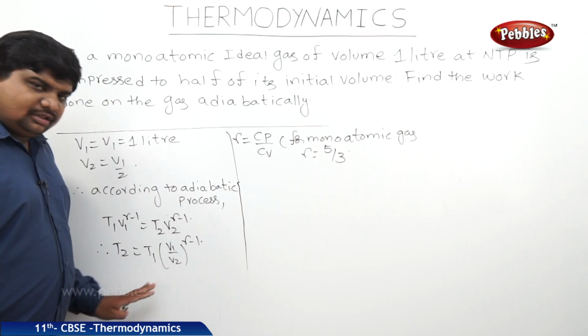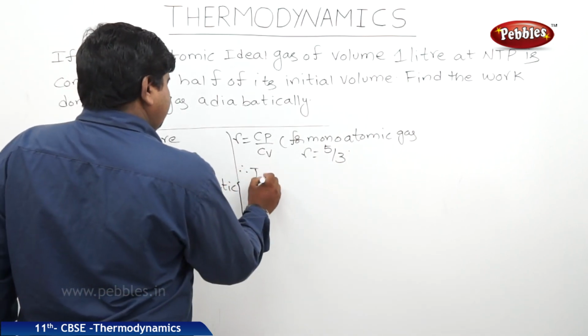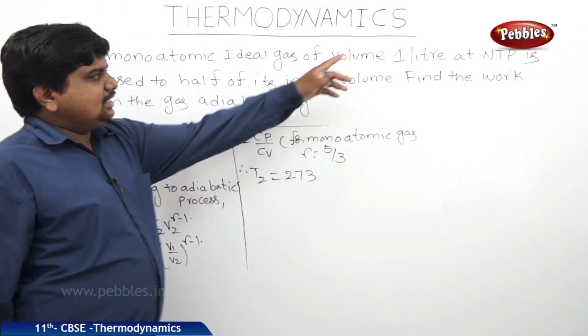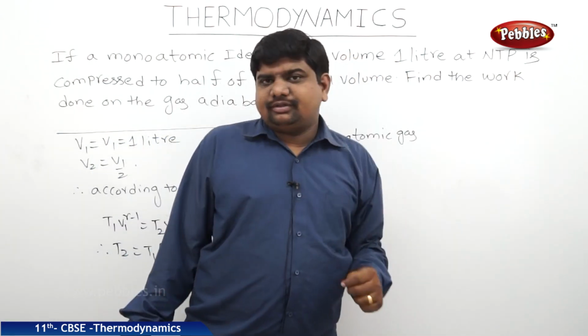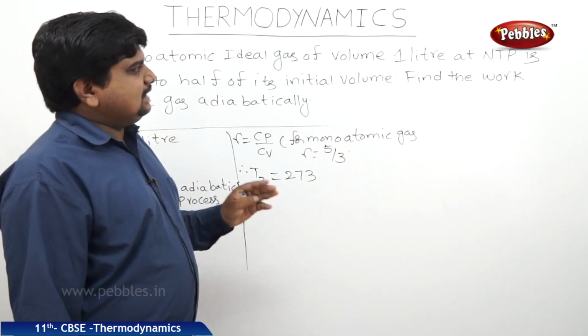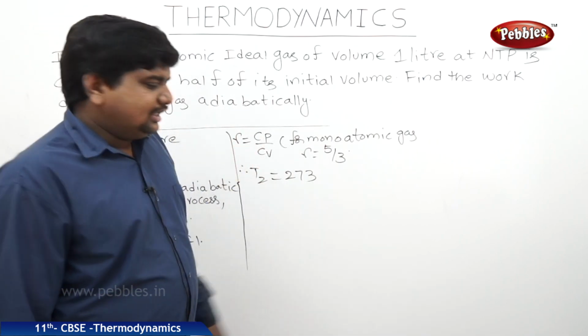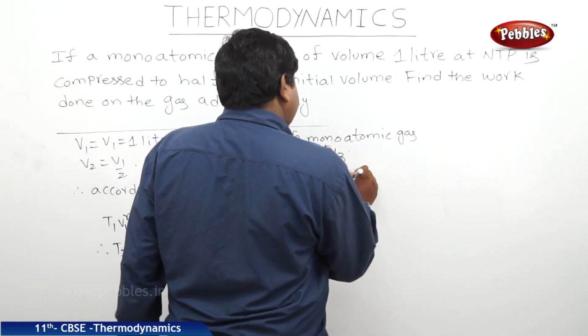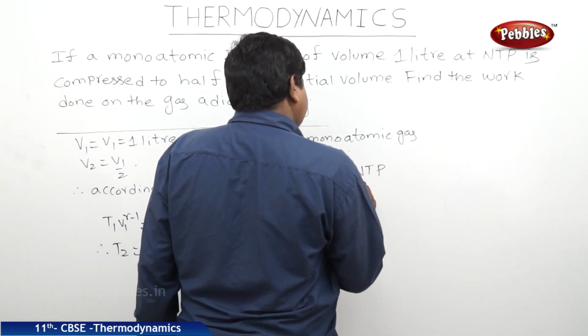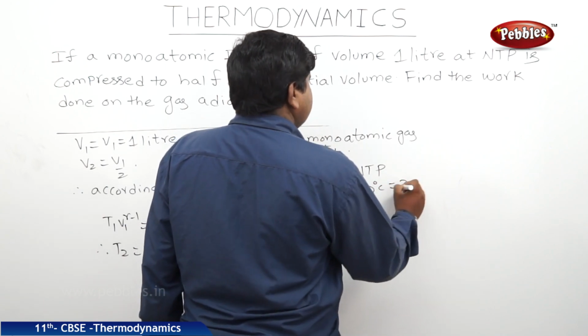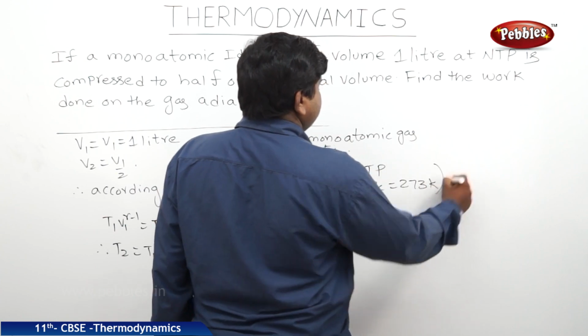Now we are substituting all the values. T2 is equal to, where T1 is 273. Why, sir? Because the reason is at NTP. NTP means at natural temperature and pressure, T1 is at 0 degrees Celsius. So we can write at NTP, T1 is equal to 0 degrees Celsius, that is equal to 273 Kelvin.